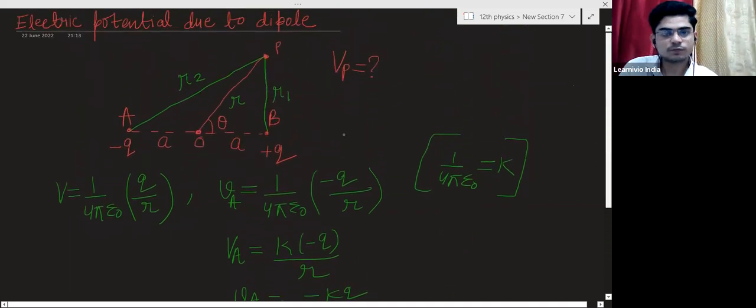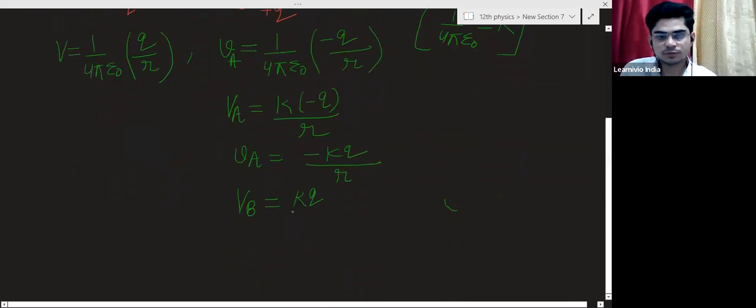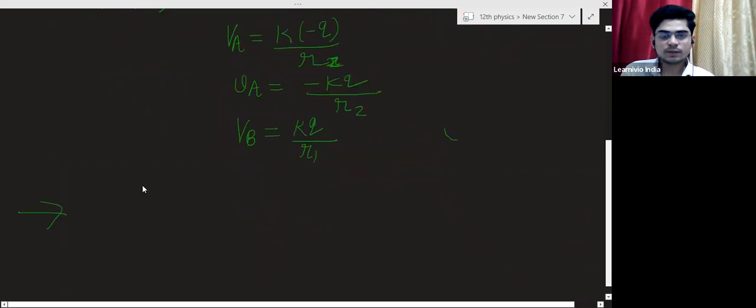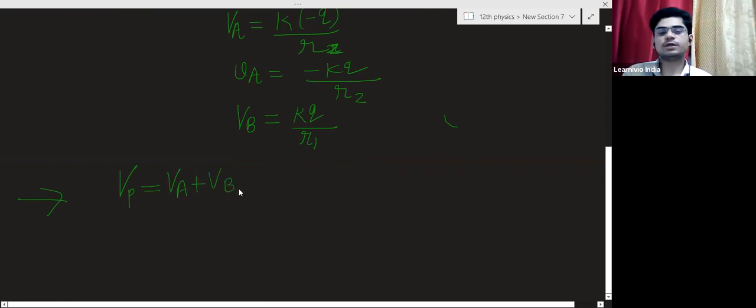The distance for the negative charge will be actually R2. So VA is minus KQ divided by R2, and VB is KQ divided by R1. As potential is a scalar quantity, we can calculate the potential at point P as VA plus VB.